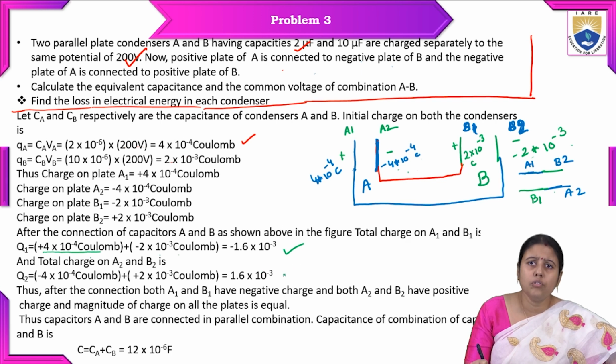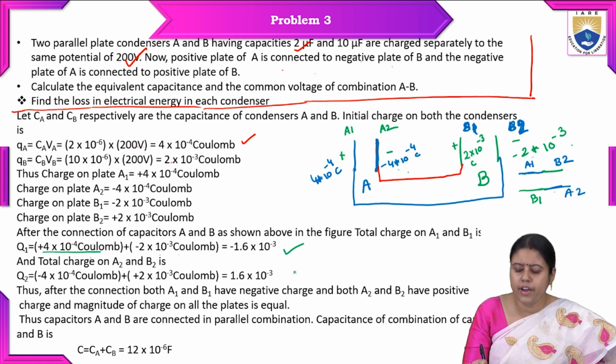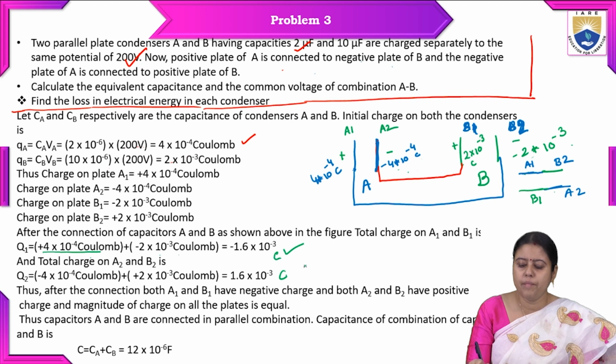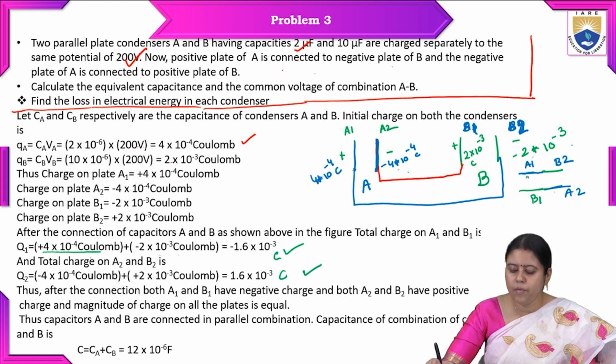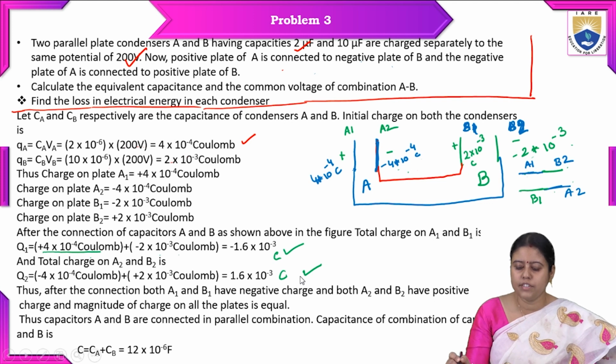So we are getting 1.6 into 10 to the power -3 coulomb. So we got these two charges. A1, B2 has the negative charge and B1, A2 has the positive charge.